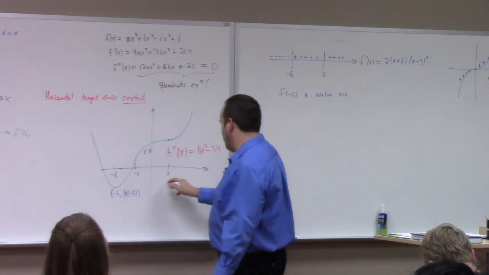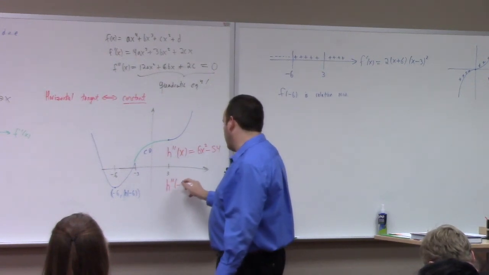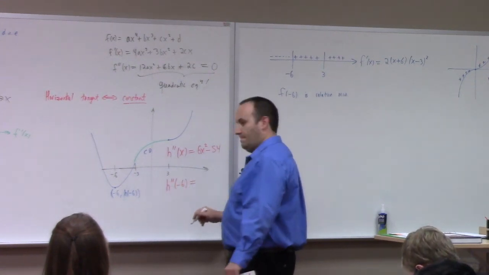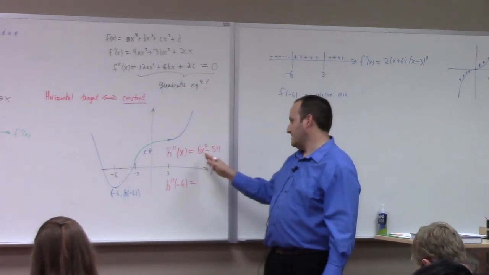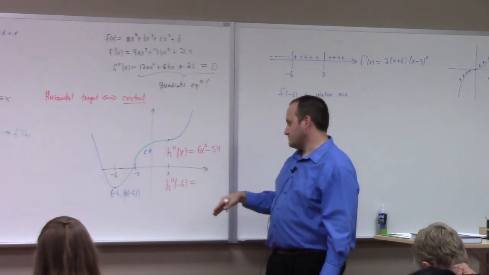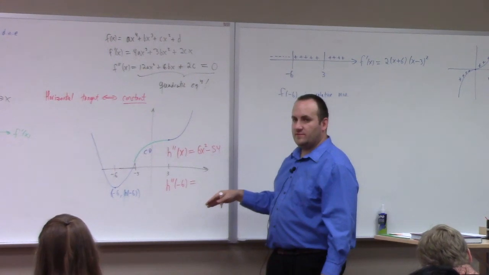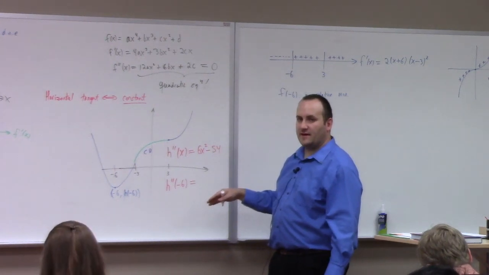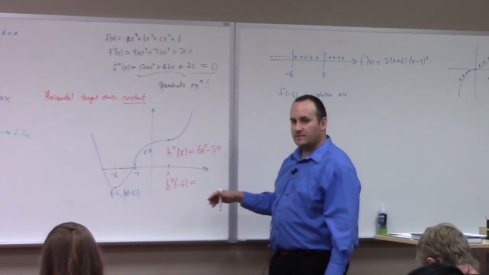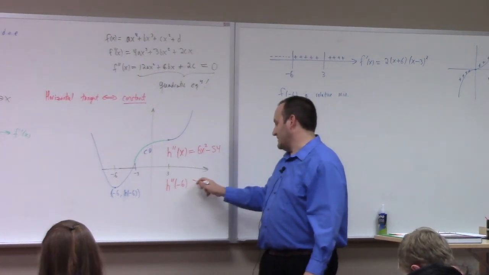So if you calculate h prime of minus 6, what do you get? 216 minus 54, I guess. Big number. Let me just say it's positive.